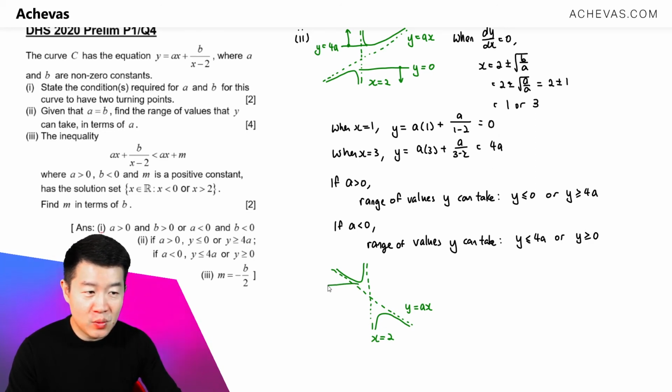So this y coordinate here should be 0, and this y coordinate here should be 4a. That is why the set of values that y can take when a is less than 0 will be when y is less than or equal to 4a or when y is bigger or equal to 0.